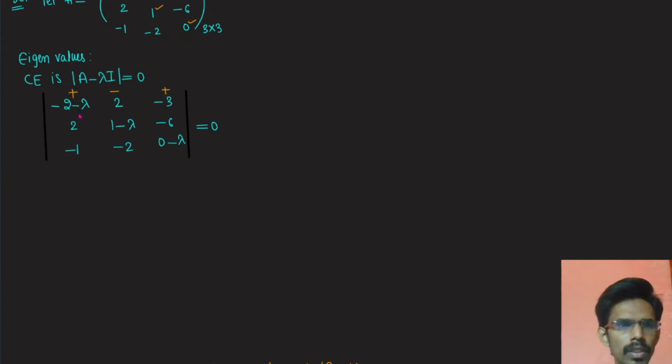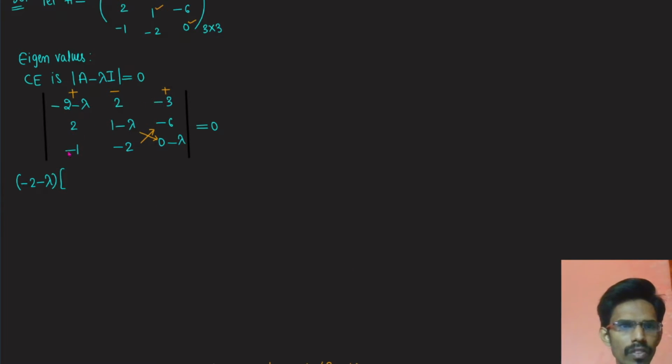Now expanding from the first row, take -2 minus lambda, the first element, that is A11. After that apply AD minus BC to the four elements left after leaving the first row and first column.